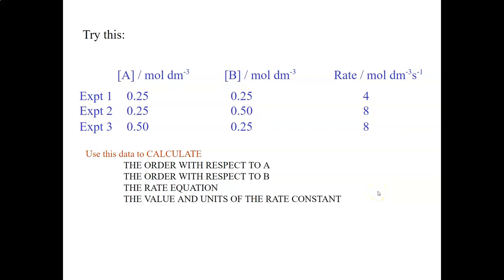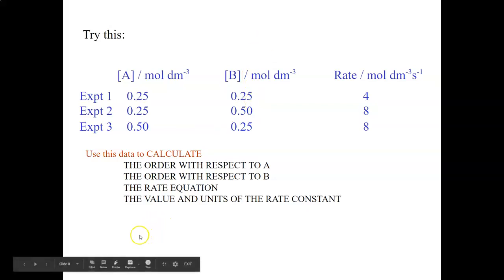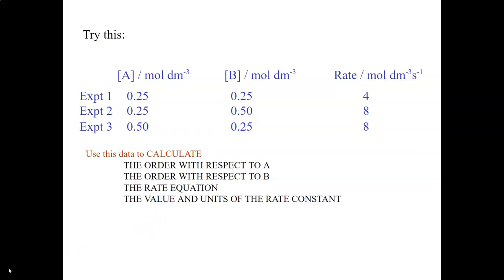So think about which experiments you are going to use to find the order with respect to A. Remember, you need A to change but B to be constant. And likewise for B, you need B to change but A to remain constant. So have a think about that, see how you get on. Pause the video for a minute and see if you can manage to work through that example.